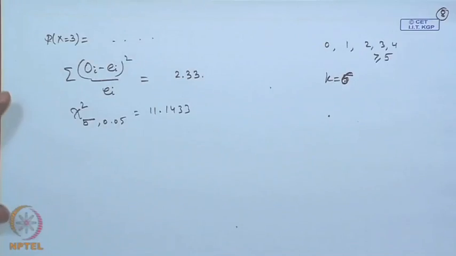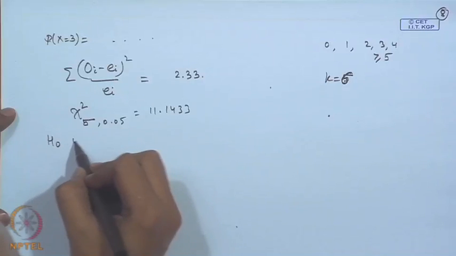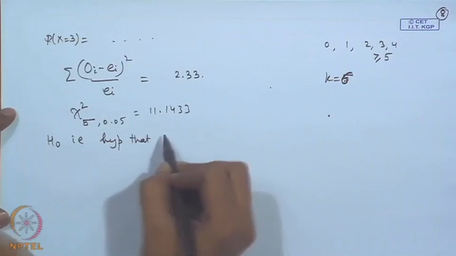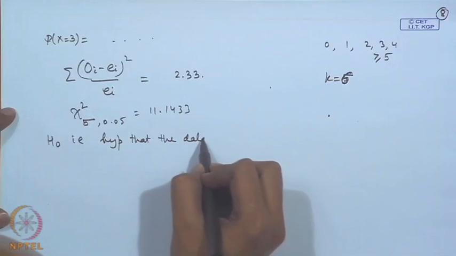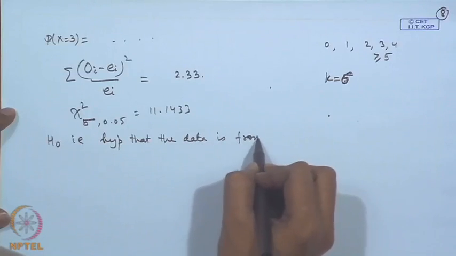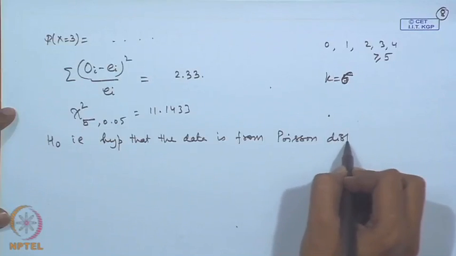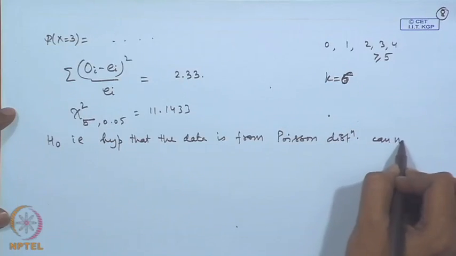So, once again we can say that H naught, that is the hypothesis that the data is from Poisson distribution, cannot be rejected.